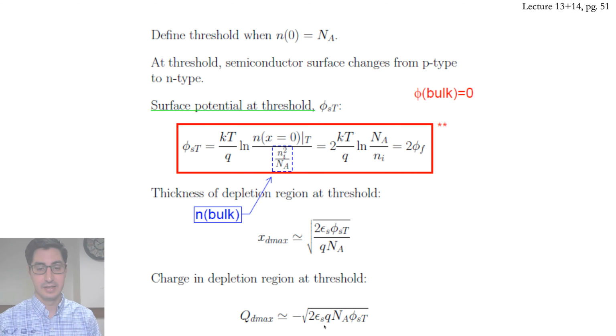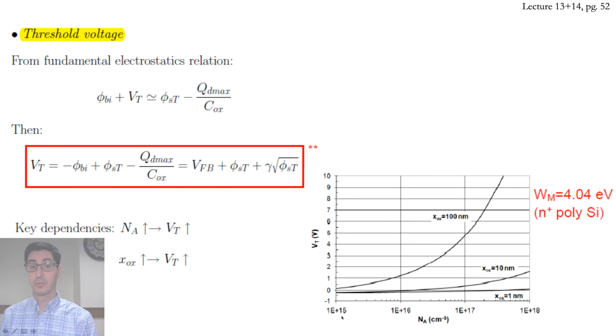What's increasing a lot is gamma, okay? Because remember, gamma has this NA in it. So a square root increase with NA is a lot more powerful than a logarithmic increase with NA. So most of the increase in the threshold voltage with an increase in NA is due to the increase in gamma. Okay.